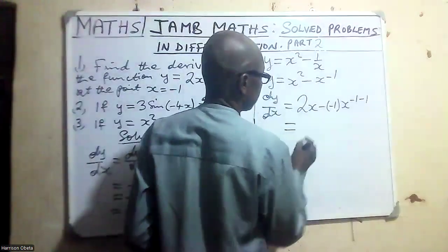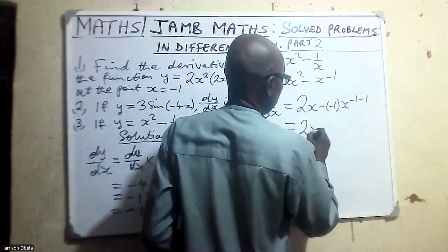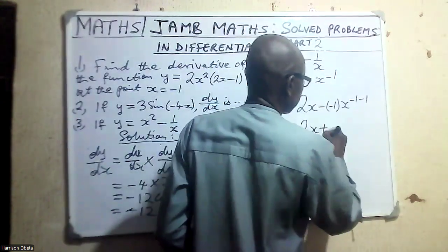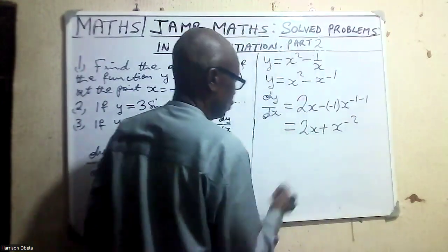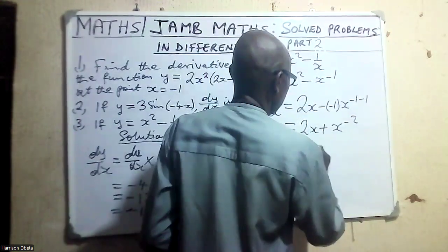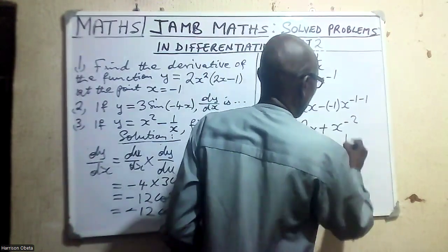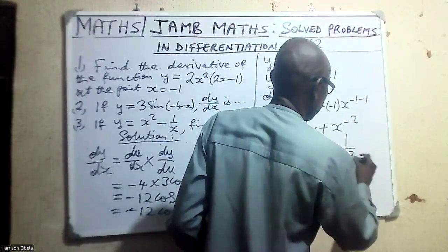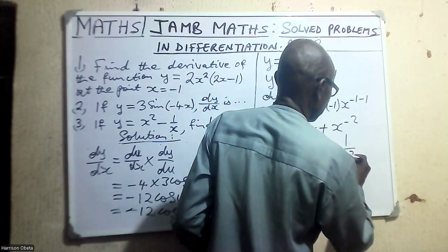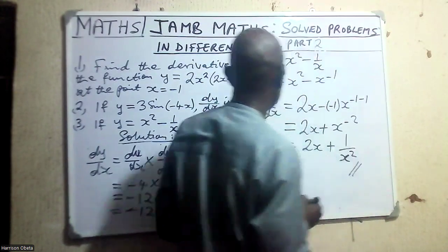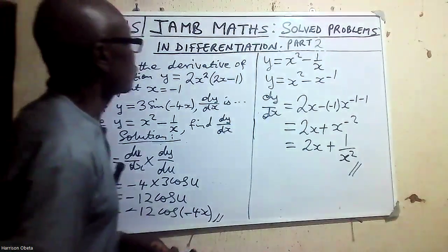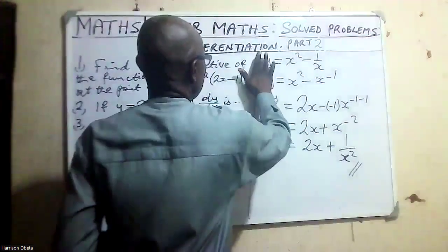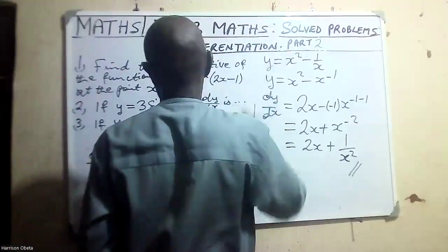And that will give us 2x plus x raised by minus 2, which we can have as finally 2x plus 1 over x raised by 2. And that's the final answer to that. So that is the end of question number 3.